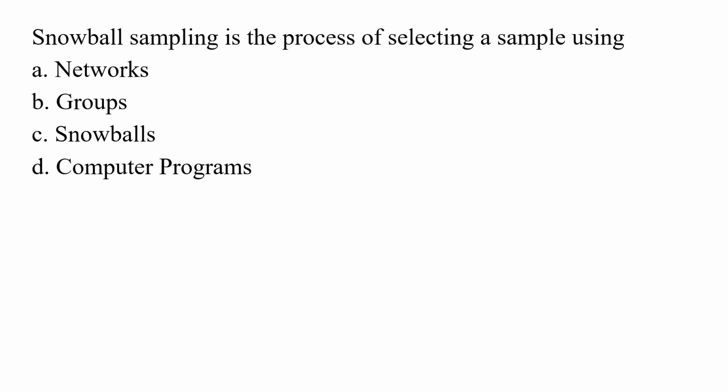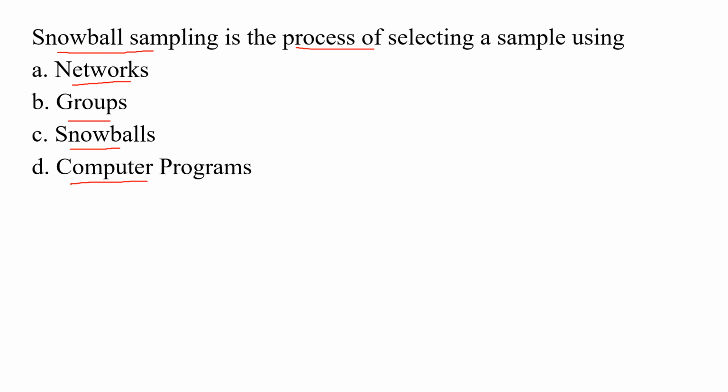Snowball sampling is a process of selecting a sample using. So here in this question they ask you, snowball sampling is the process of selecting the sample using which of the following, for which the first option is networks, second is group, third is snowballs, and the last one is computer program.